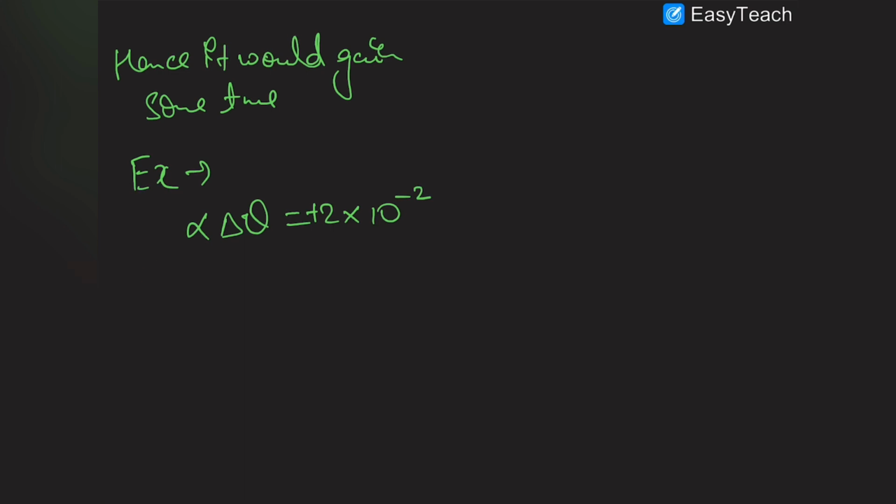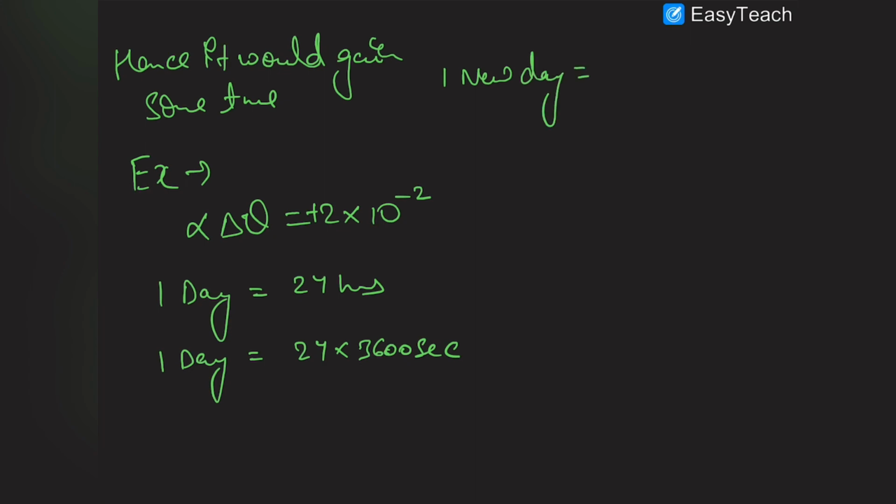One day normally is 24 hours, which can be converted into 24 into 3600 seconds, and we have to find out one new day.